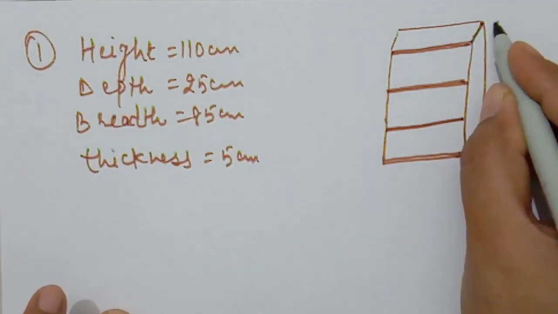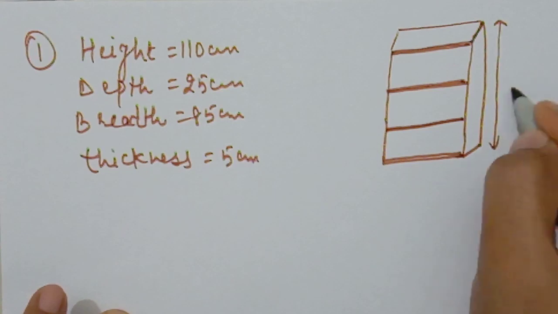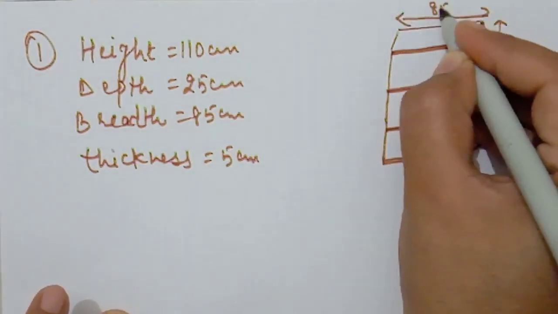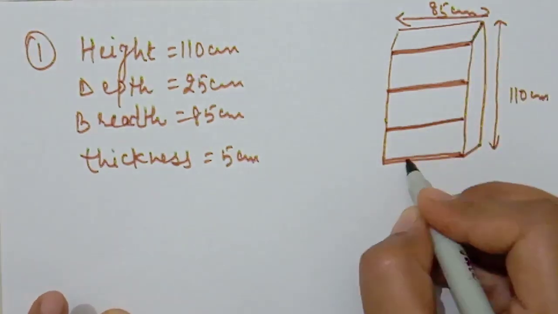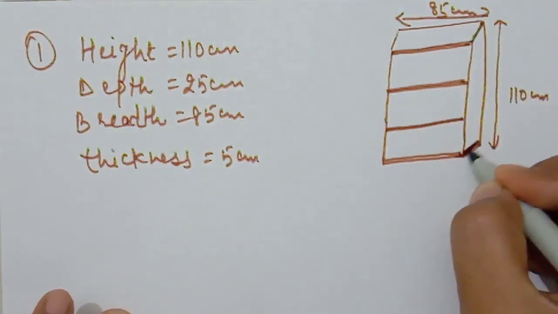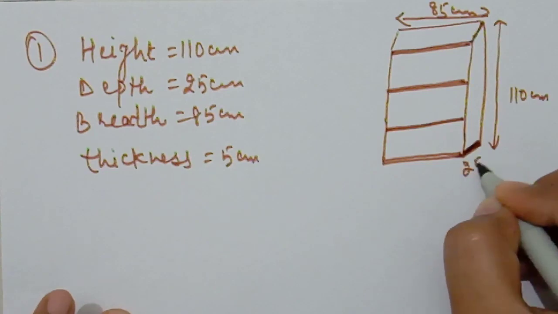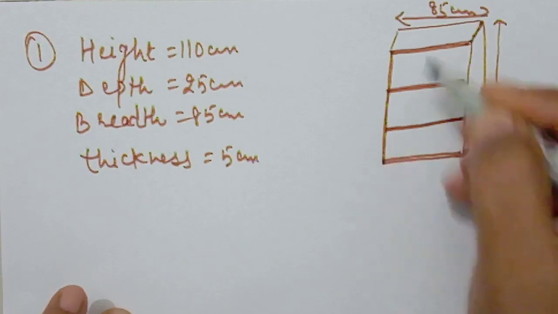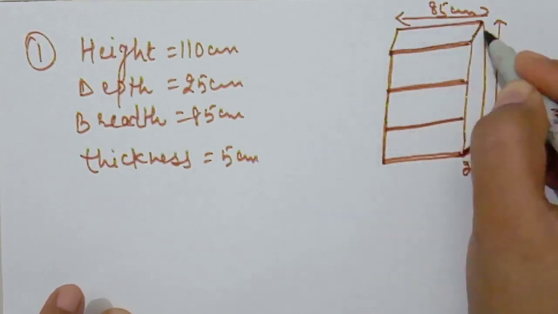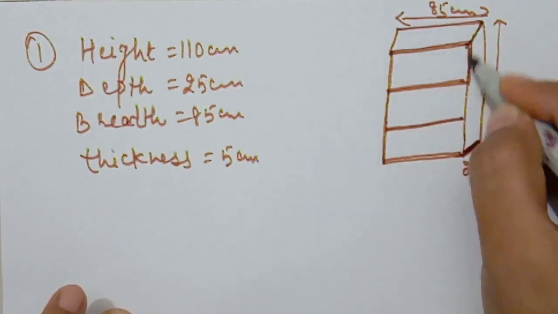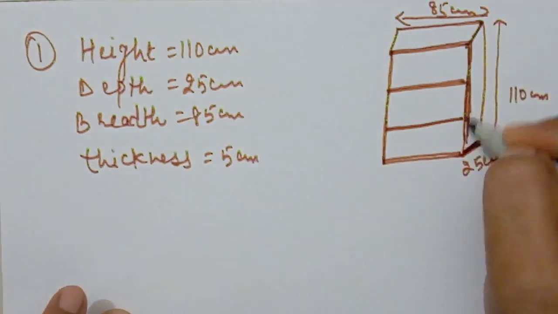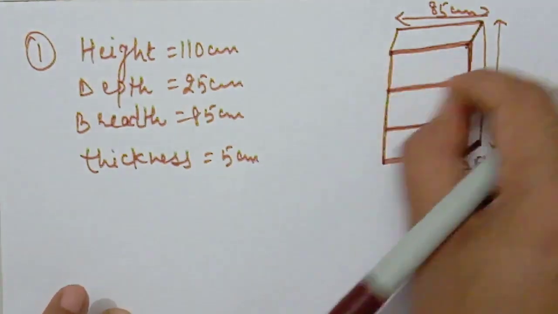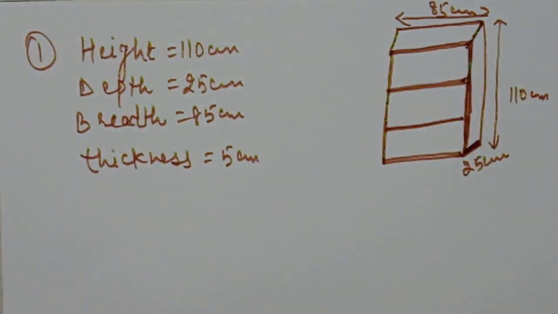According to the question, the height of the almirah is 110 centimeter, the breadth of the almirah is 85 centimeter, and the depth of the almirah is 25 centimeter. And we know very well that the almirah is made by a wooden plank. The thickness of the wooden plank is 5 centimeter everywhere.